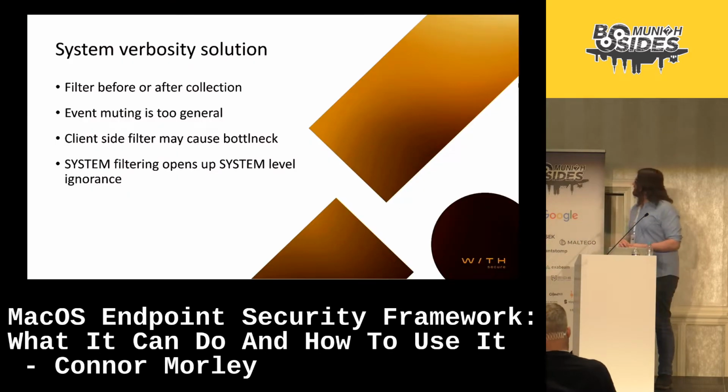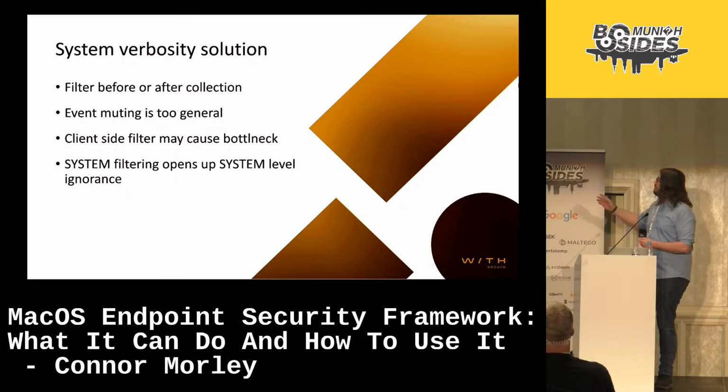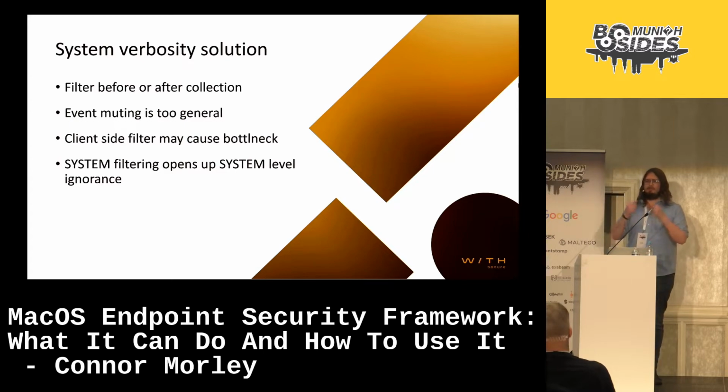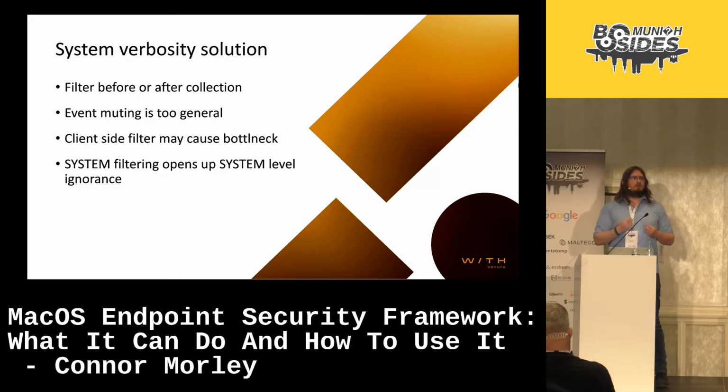One of the things, again, is that you could do it either before or after collection. Before collection, as we said, would be by event muting. But as I've said before, this is quite a blunt tool. To use it for this sort of activity, the only way would be to drop all processes running at the system level, which can introduce ignorance of system-level compromise, which could be very dangerous.